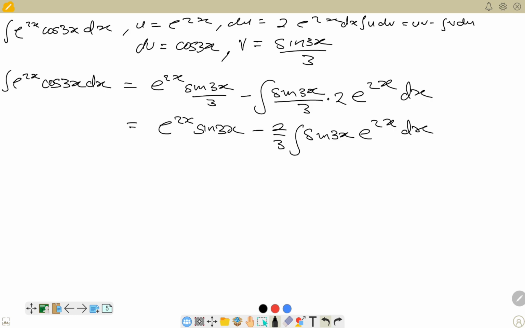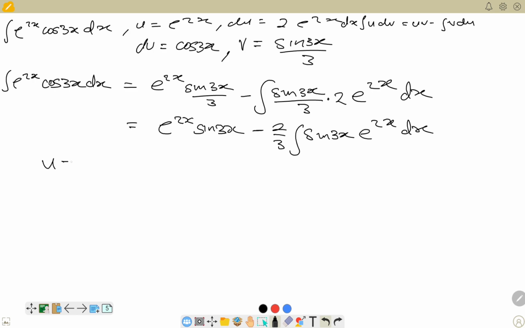So we realize that we still have integration by parts, and I can see that when I integrate sine, it goes back to cos. When I differentiate the exponential, it remains the exponential. So what can we do? We take it again.